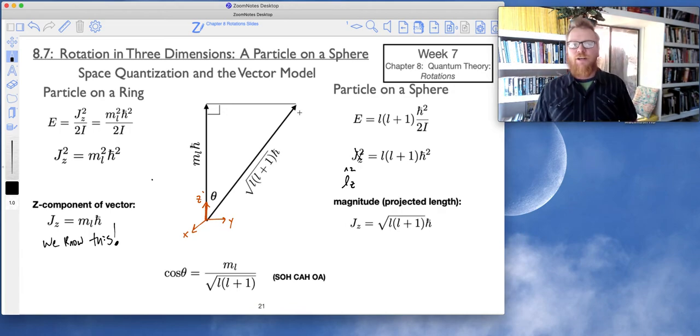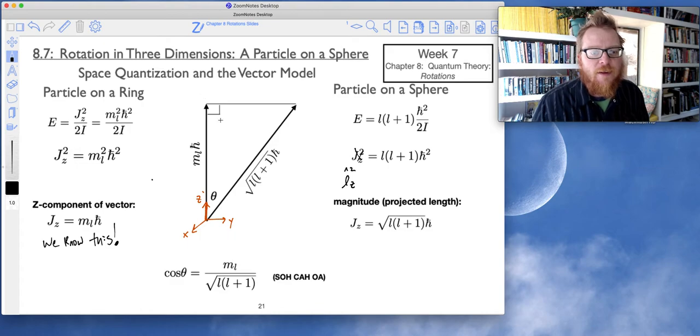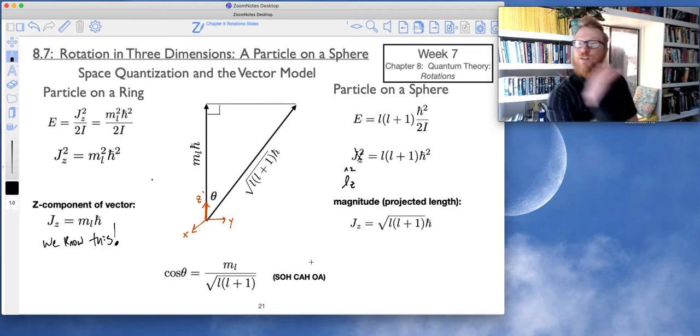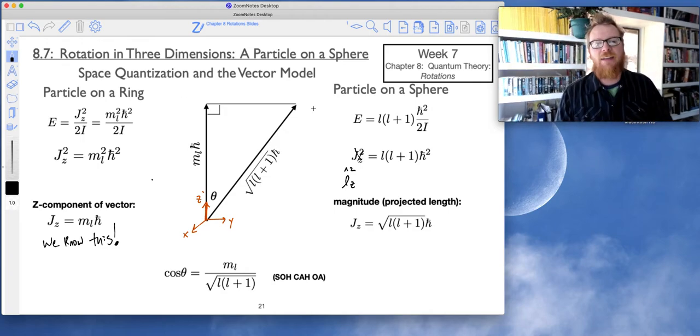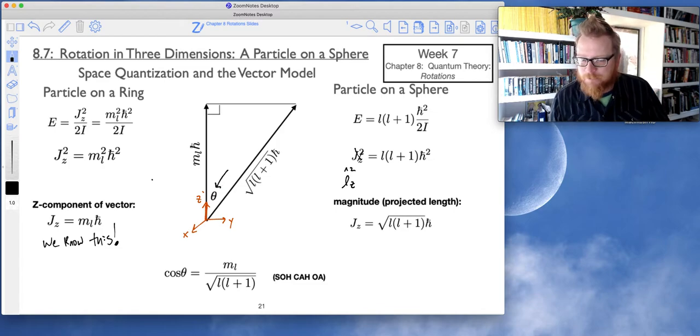The reason it makes a 90-degree triangle is because we know this length and we know this length. And remember that my particle is going all the way around full circle. So that means this length has to be fixed and given by the angle theta.